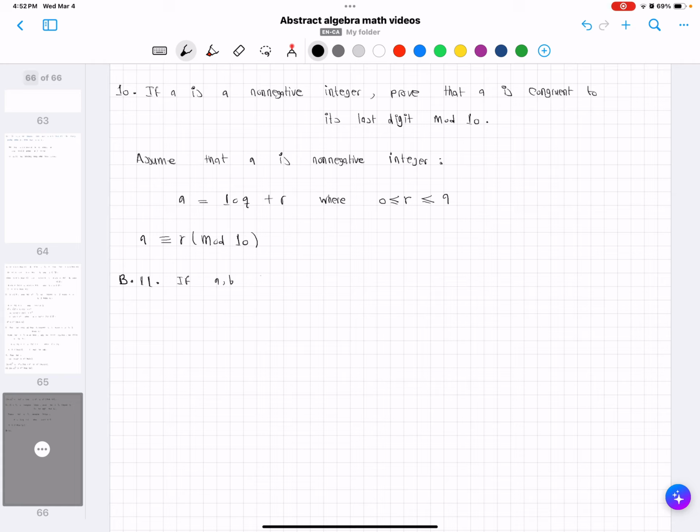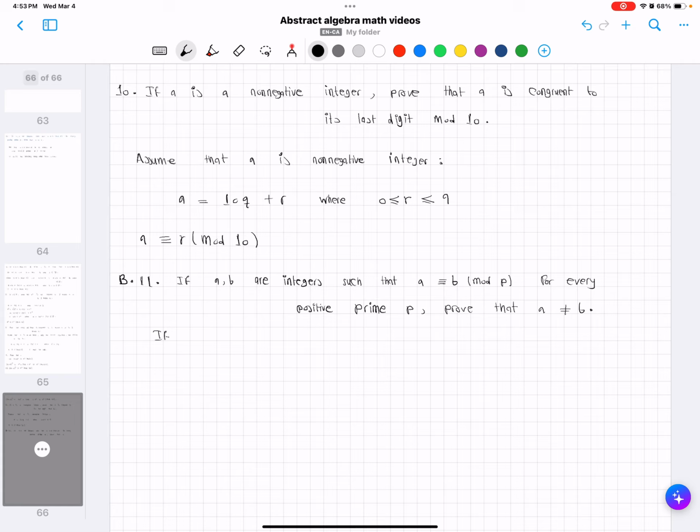If A, B are integers such that A is congruent to B mod P for every positive prime P, prove that A is equal to B.